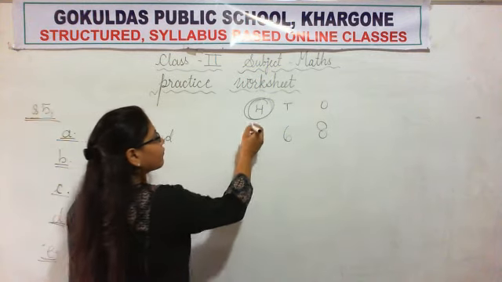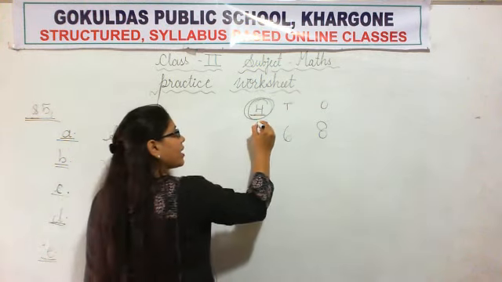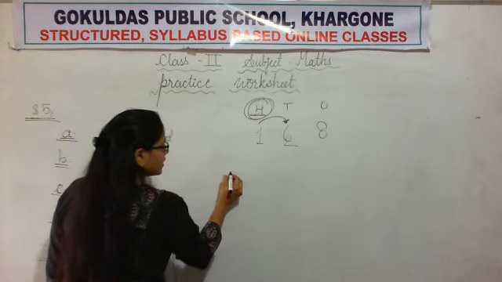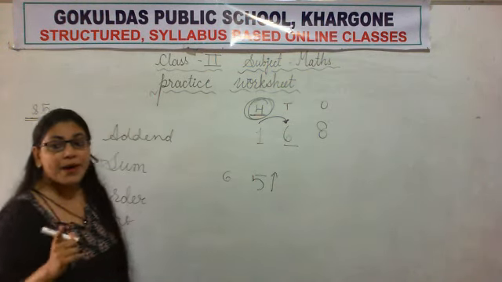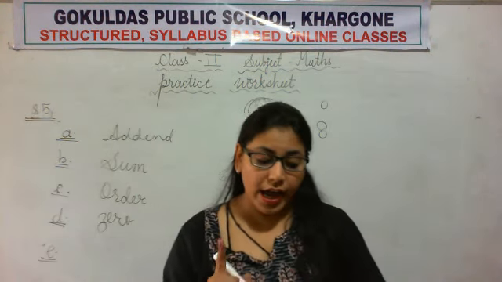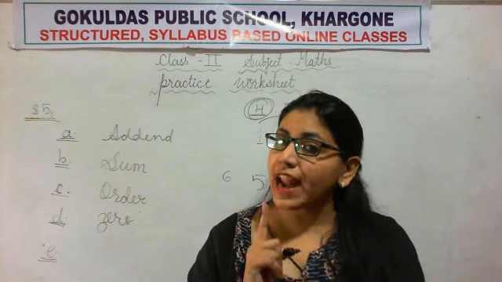If they are asking us to round off to the nearest 100, we will see the number to the right of it. The number to the right is 6. Number 6 is greater than 5. If the number is 5 or greater than 5, what do we do? We round up.